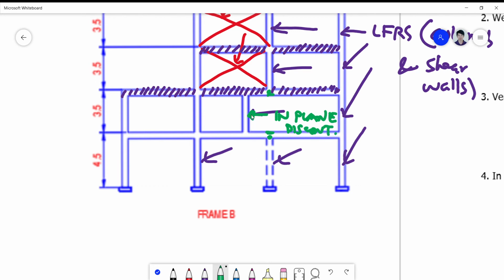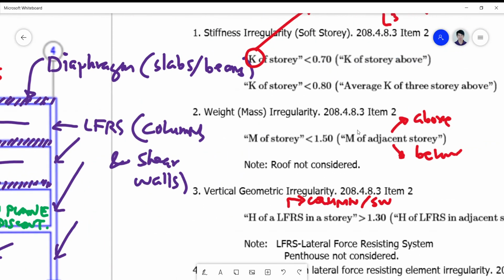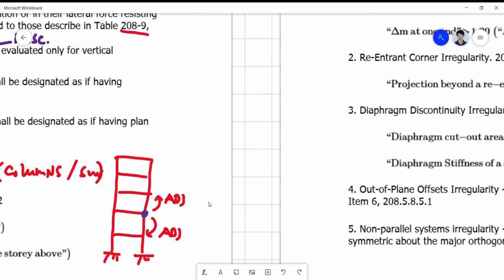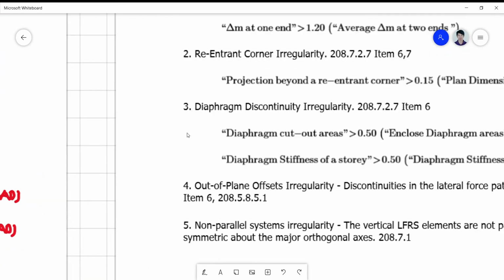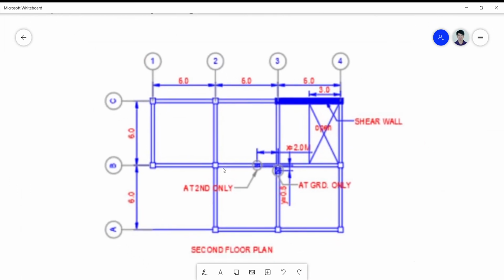Okay, remember that all the columns here must be a part of frame B. So meaning to say that when I cut the section here, let's say I actually get that section from this plan. So if I cut a section, that's frame B here. So the column that I'm actually referring to is this column. It must be a part of this frame, starting from your module B here up to the end.